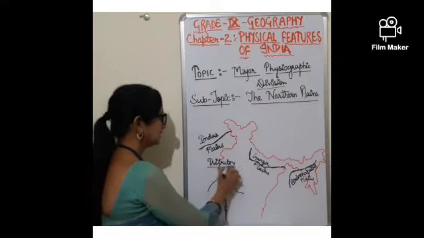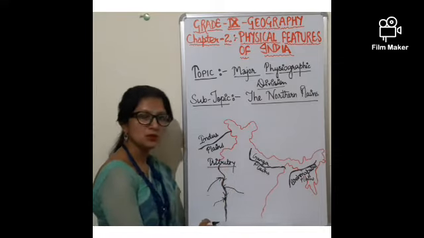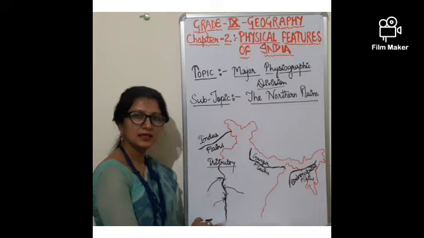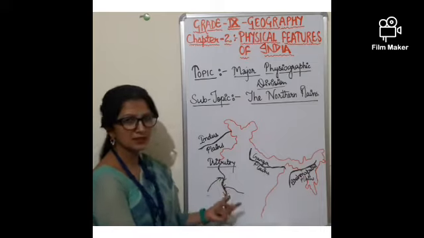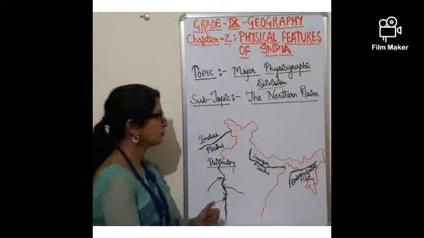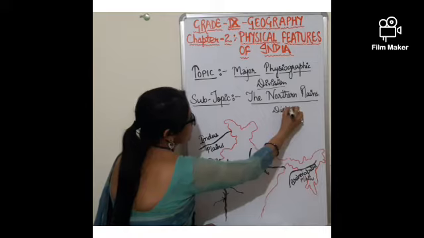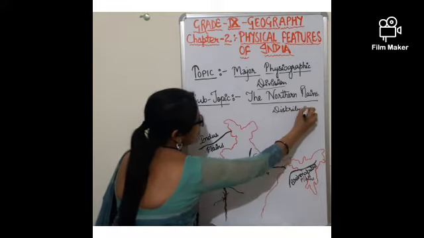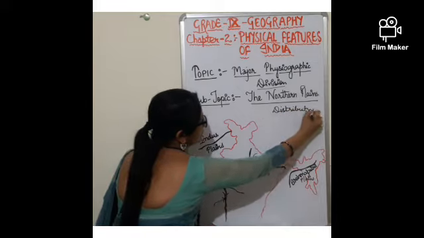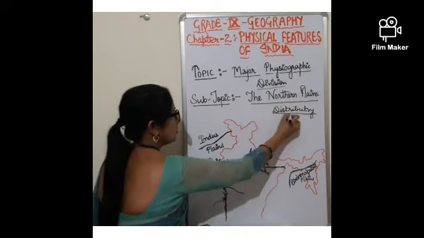That is called a tributary. Some plains are created with the help of tributaries and some with the help of distributaries. A distributary is the opposite of a tributary.